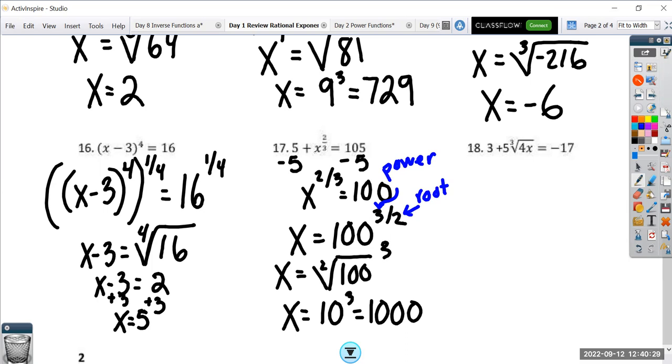All right, last one that we're going to do. I need to get x by itself. I'm going to start by subtracting 3. So I have 5 times the cube root of 4x equals -20. Dividing both sides by 5.